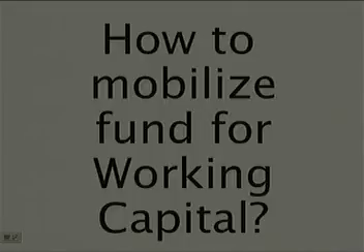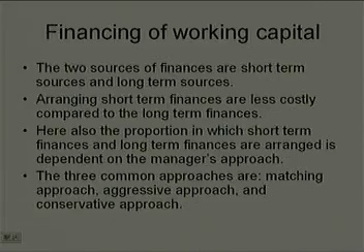Now, in this part of the lecture, we are going to see what the different mechanisms are to mobilize funds for the working capital. You will find that there are two major sources of finances: short term finances and long term finances.